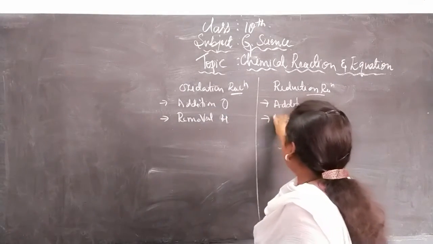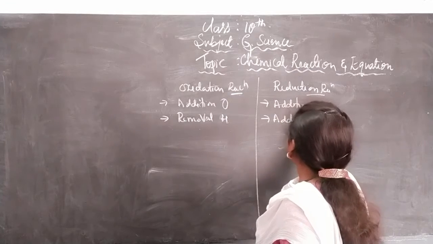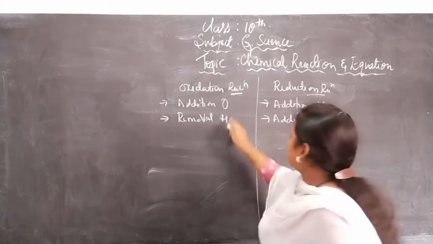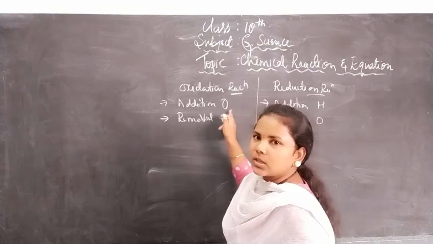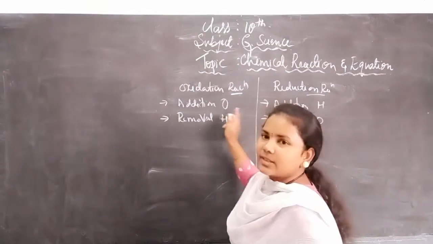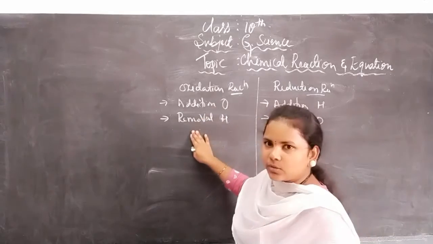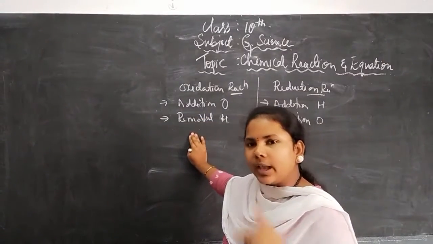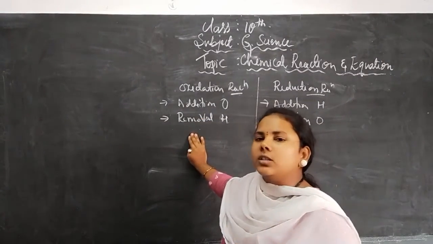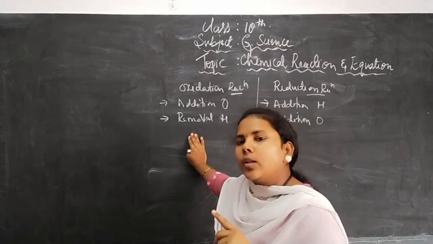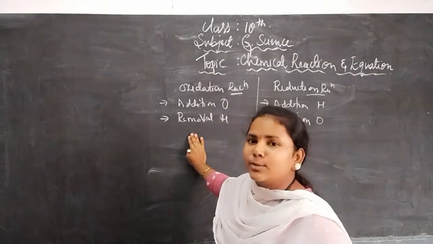Further, here is the addition of oxygen. Look, these are the interactive reactions between these two. One is the addition of oxygen, removal of hydrogen. You can also define the oxidation reaction as nothing but the addition of oxygen or the removal of hydrogen taking place in the reaction.